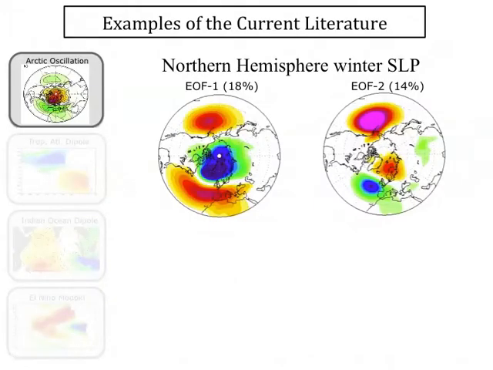So let's start with this annular mode, the Northern Hemispheric winter sea level pressure. Thompson and Wallace made this pattern very famous. And I think what most people read in this is that there's a connection between what's going on in the Atlantic and what's going on in the Pacific. This pattern here is EOF number 1, it explains 80%.